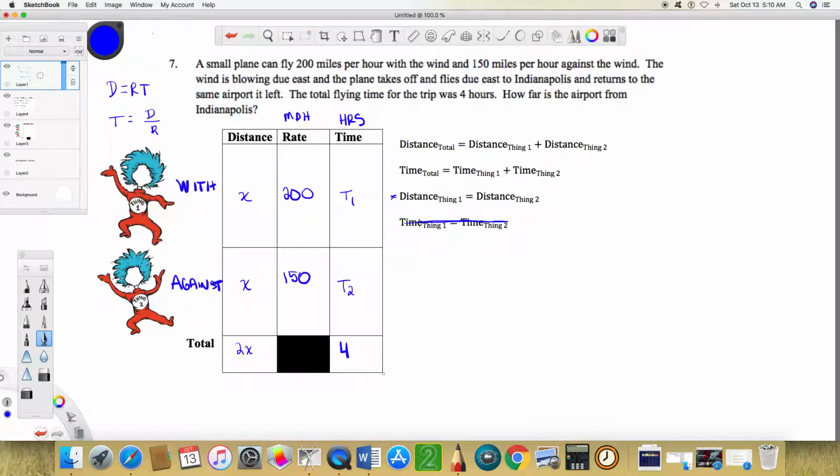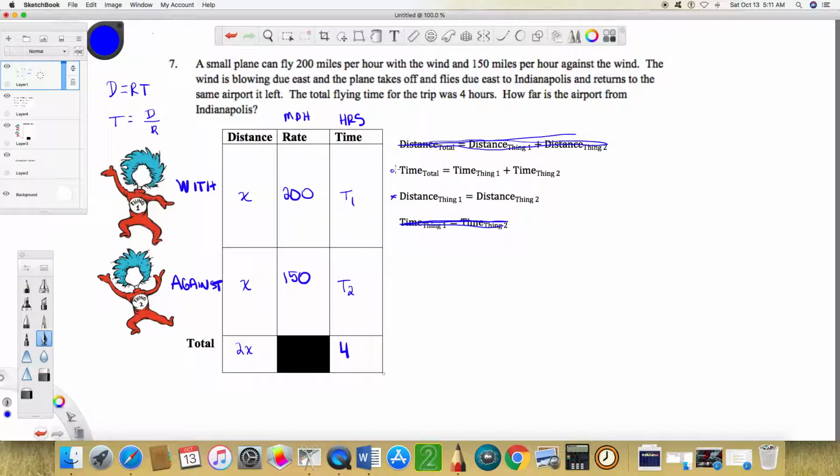We know that the times are not going to be equal, and I don't see us using the total distance. But this total time, that can be one that we use as well.